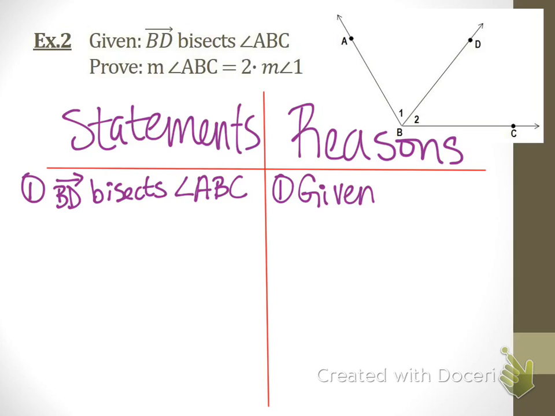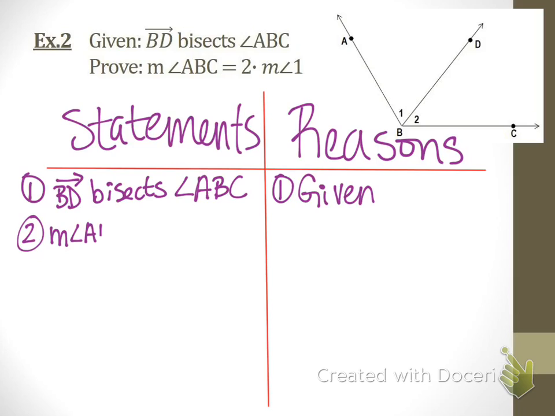Our next statement needs to be based on that given information or based on the diagram. What do you think? Good. So that doesn't deal with our given, but that's okay. We can come back to it. We are going to need to talk about angle ABC.